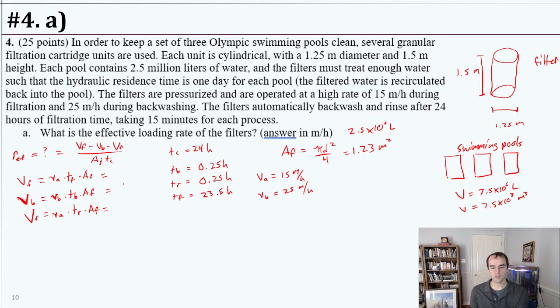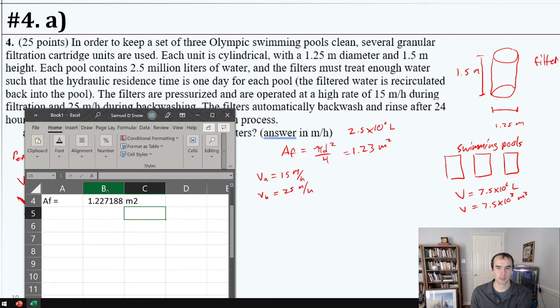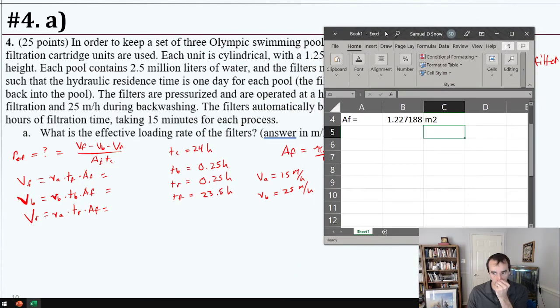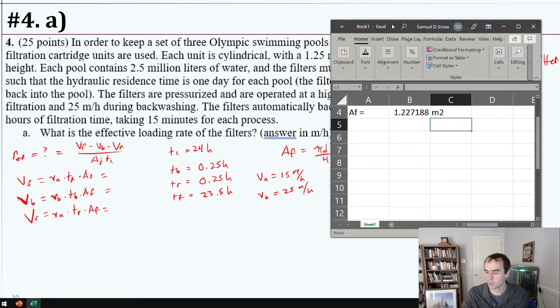Okay, so let's get Excel real quick and solve for these volumes. So VF, VB, and VR. For each of these cases, we have that area.